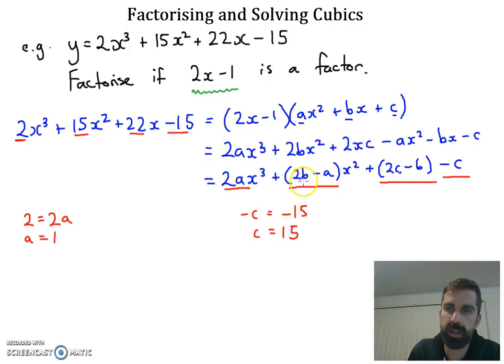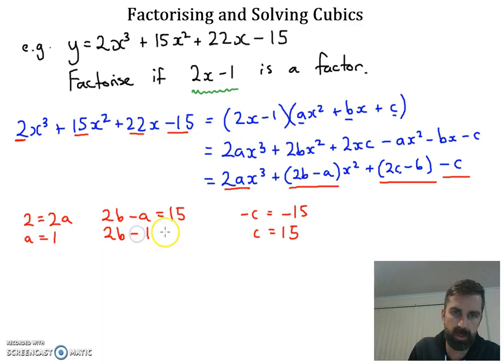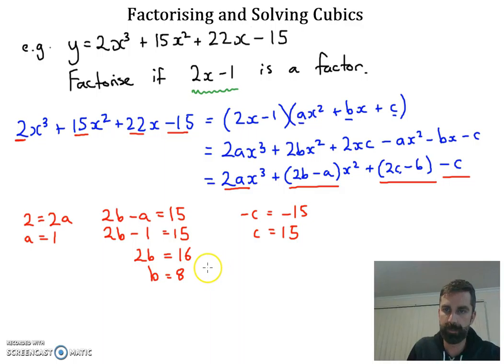If we look at our coefficient of x squared, 2b minus a equals 15. We know that a is 1, so 2b take 1 equals 15. So 2b equals 16, and therefore b equals 8.